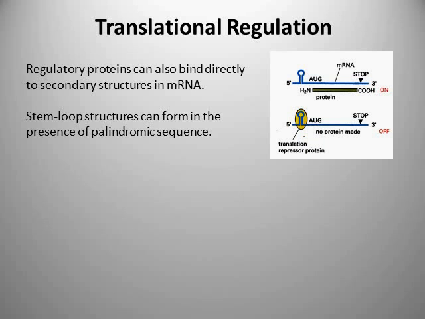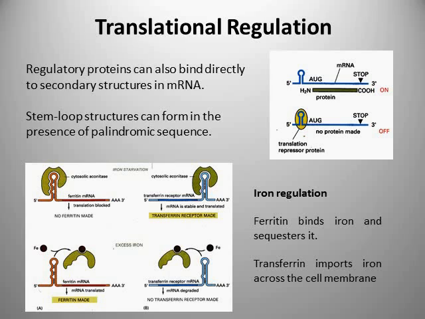So there's a real world example of this that's very elegant and gives a good overview of how the cell can utilize these stem loop structures to regulate expression at the translational level when required.